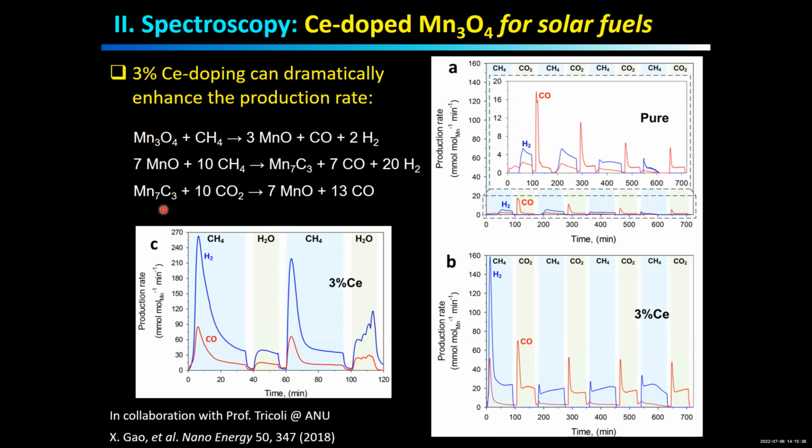Then the manganese carbide can be further used to react with CO2 to generate manganese oxide and CO. So with these high temperature reactions, this system can continuously convert this greenhouse gas into CO and hydrogen. More interestingly, by adding 3% cerium dopant, the production rate of CO and hydrogen can be greatly enhanced. So next, we try to understand where this performance enhancement comes from.